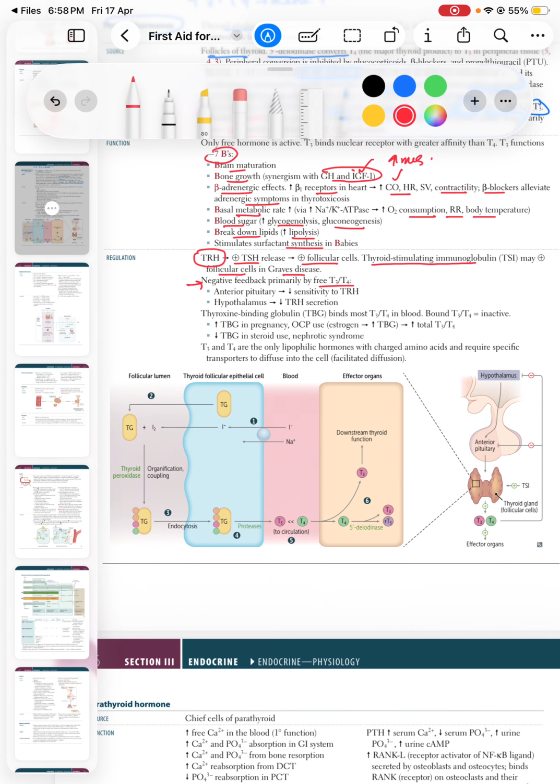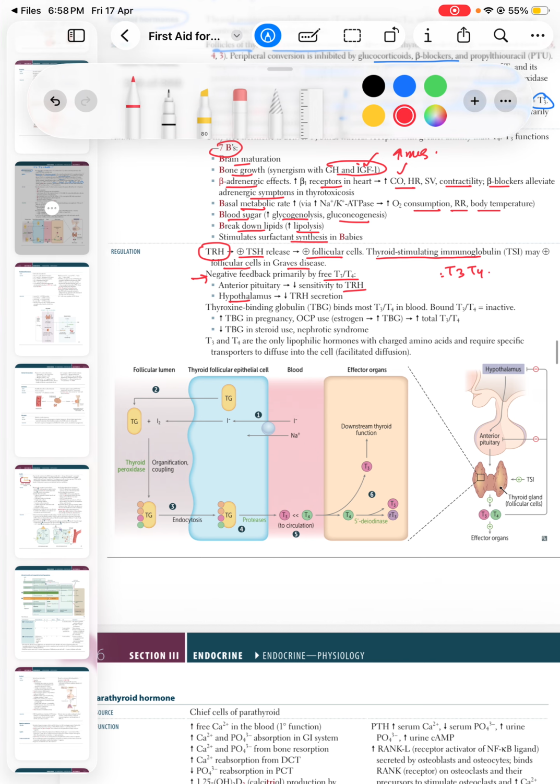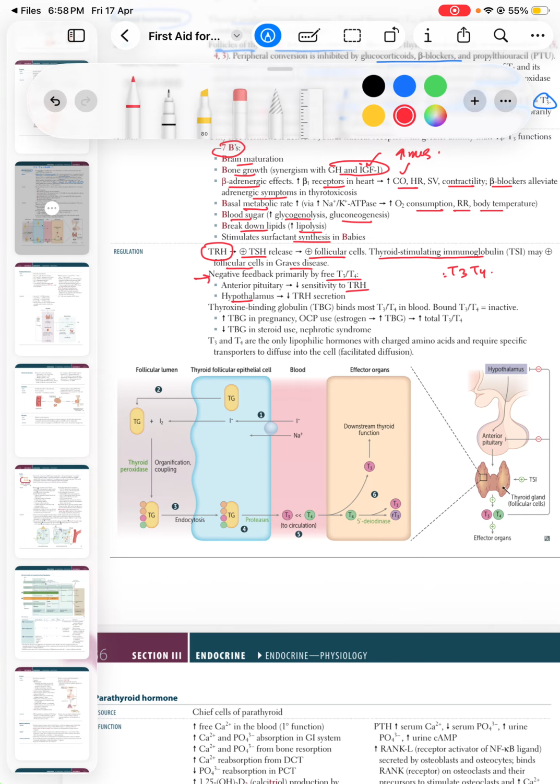The anterior pituitary decreases its sensitivity to thyrotropin releasing hormone, and as a result the hypothalamus decreases the thyrotropin releasing hormone secretion. Whenever the T3 and T4 amount in the body is adequate, it starts the negative feedback mechanism. What is it?